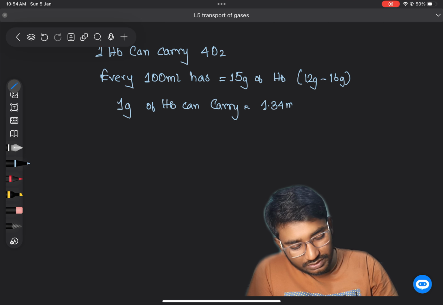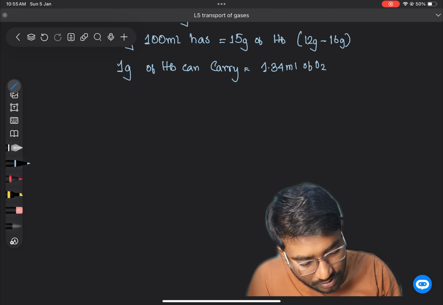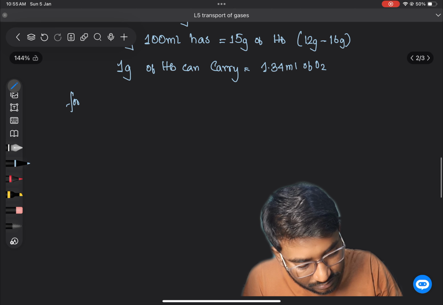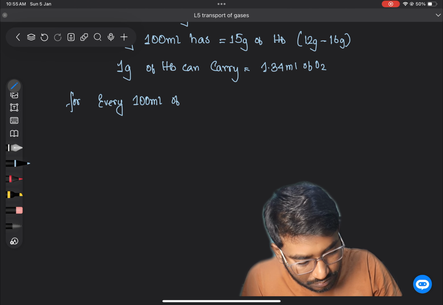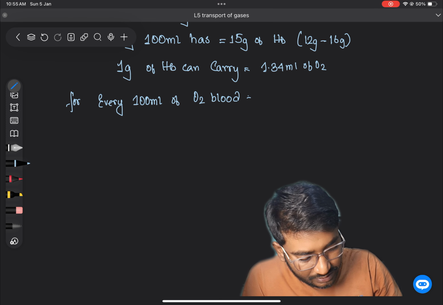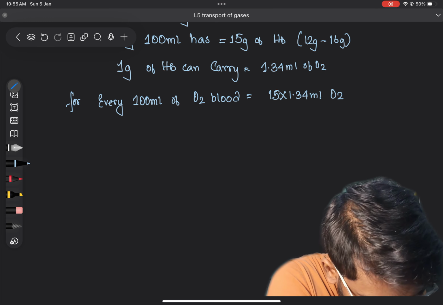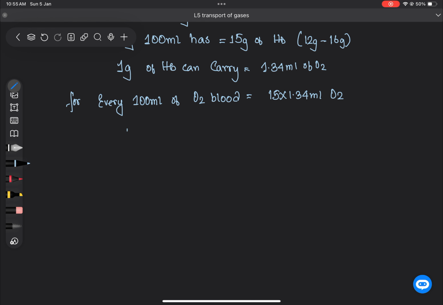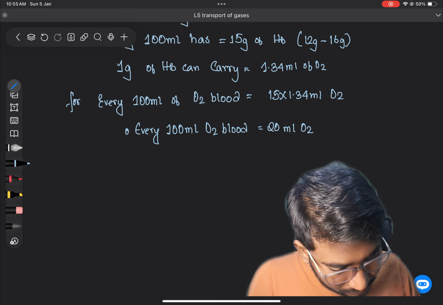So for every 100 ml of blood, 15 into 1.34 ml, that is about 20 ml of O2.